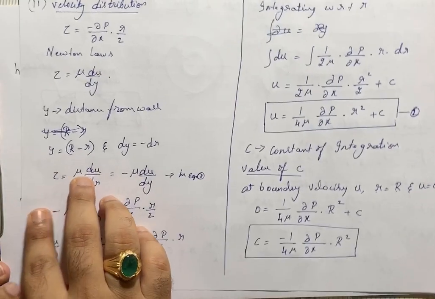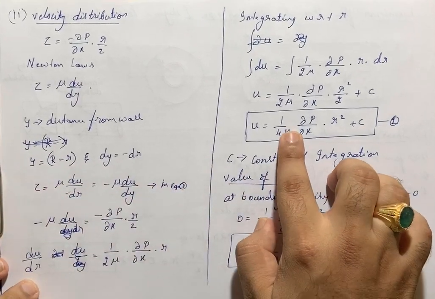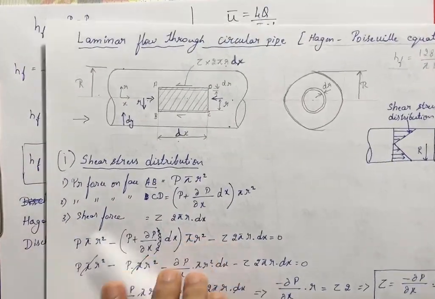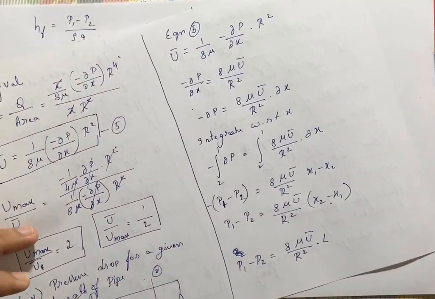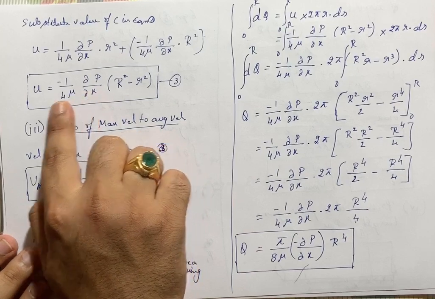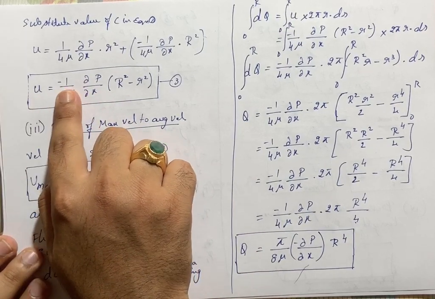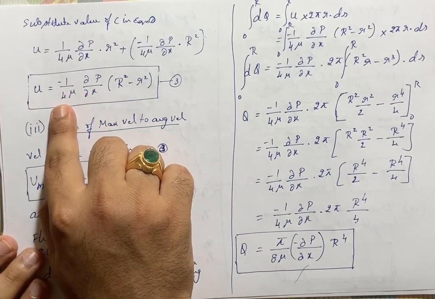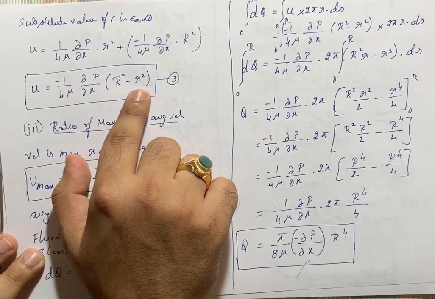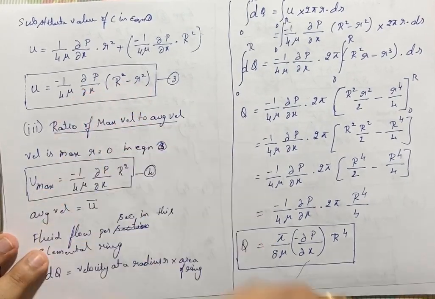Then you need to derive the expression for the velocity distribution and find out the value of c. Then find out the actual velocity distribution, that is u is equal to minus 1 divided by 4 mu dou p by dou x into capital R square minus small r square.